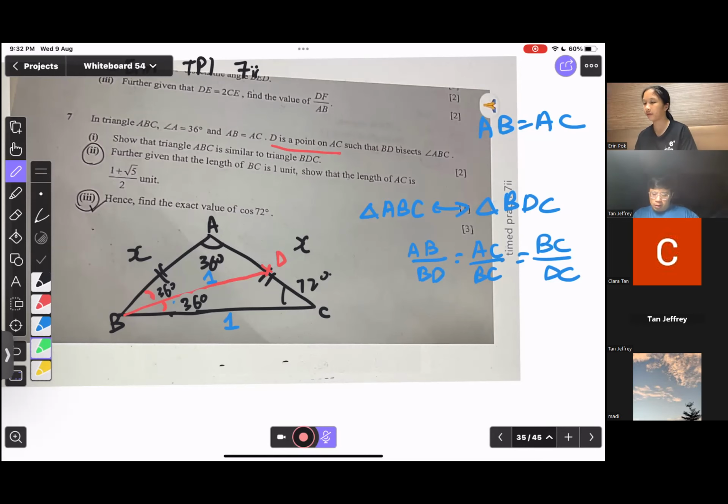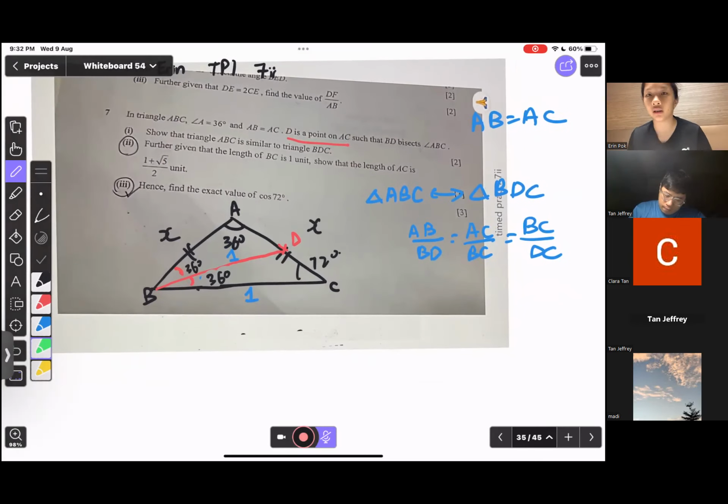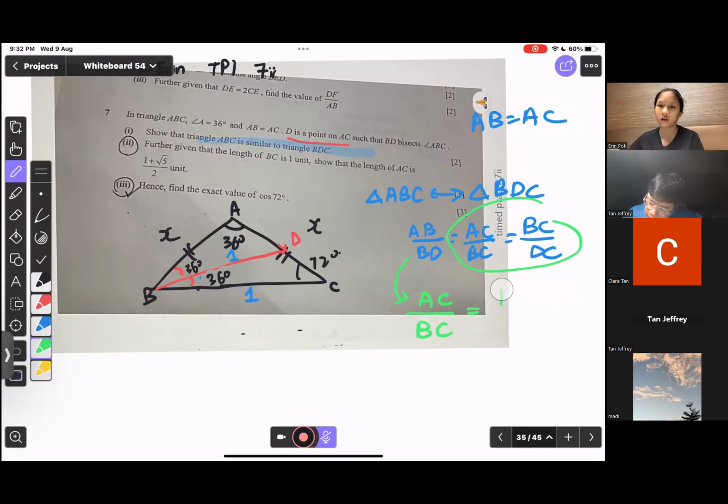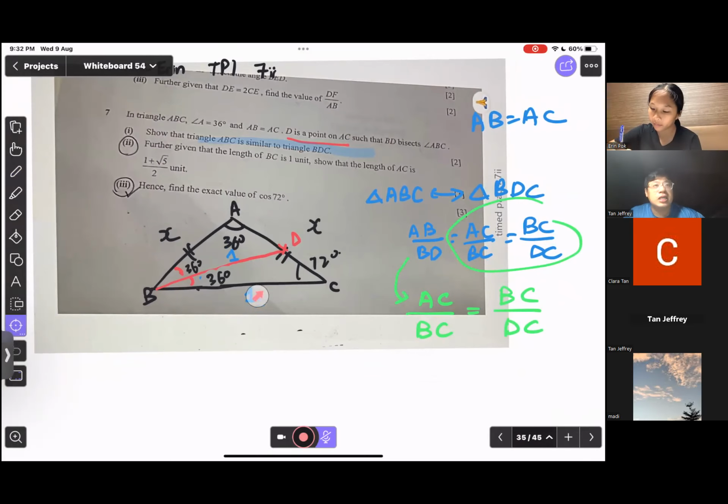After you wrote out the cosine equation, this one, right? So part 2. From here, you know that they are similar, right? That means you can say AC over BC is the same as BC over DC, right? You know that BC is 1 unit.